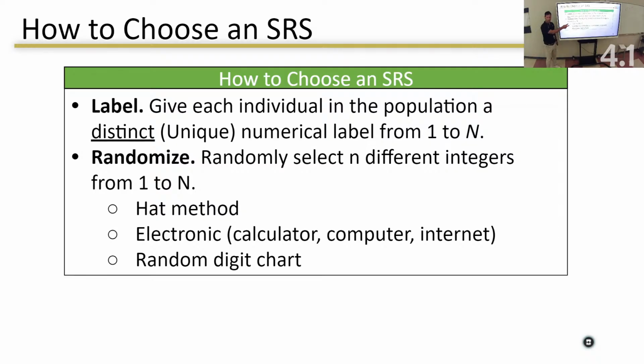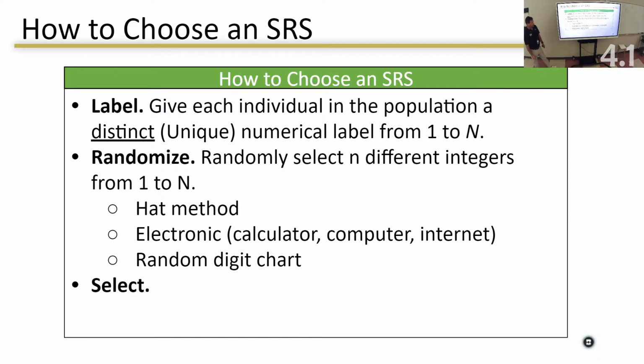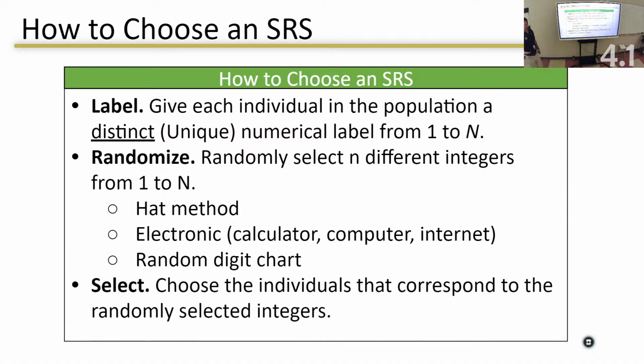I tend to use one of the first two. The random digit chart always gets students in trouble a little bit. I have to say it because they said use a random digit table one time. Hat method, electronic, random digit table, and then select. Select your size, and they'll tell you what size you're supposed to select.